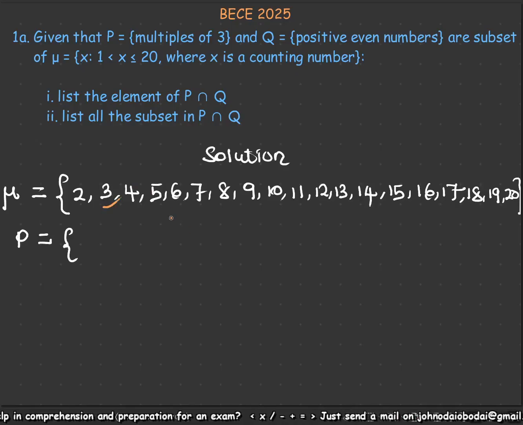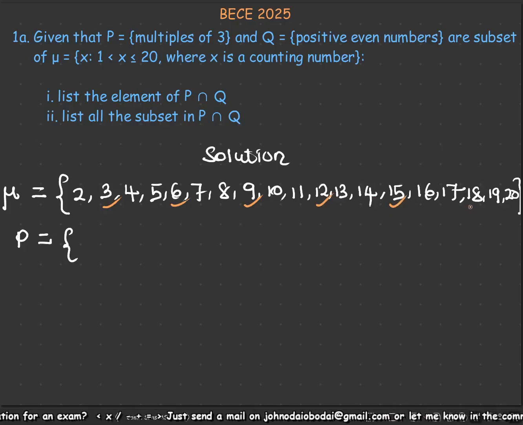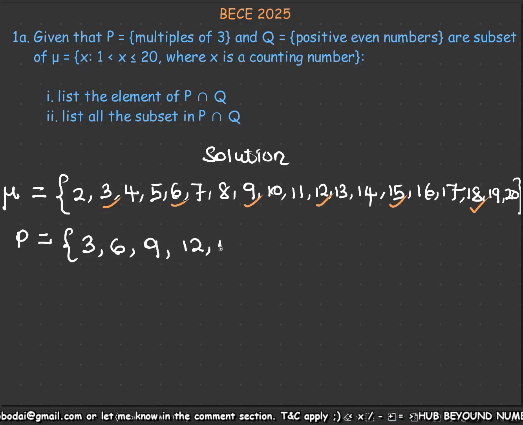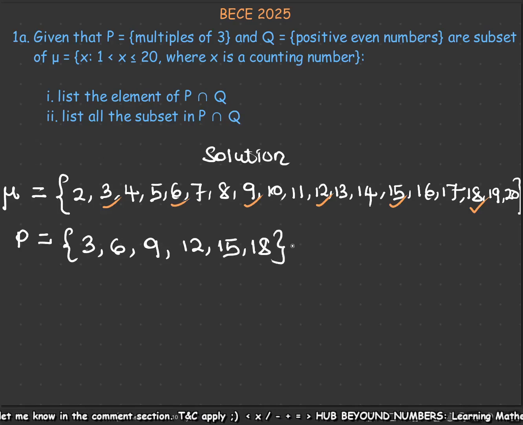So we have 3, 6, 9, 12, 15, and then what? Your 18. Those are the multiples of 3. So we come here and write them out for P: 3, 6, 9, 12, 15, and finally 18.